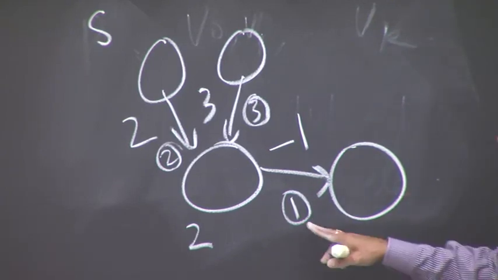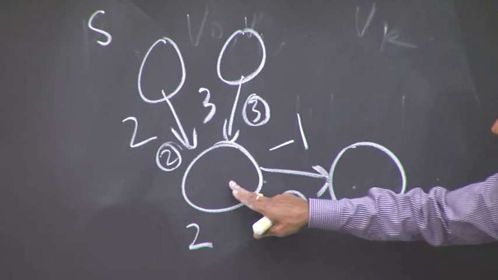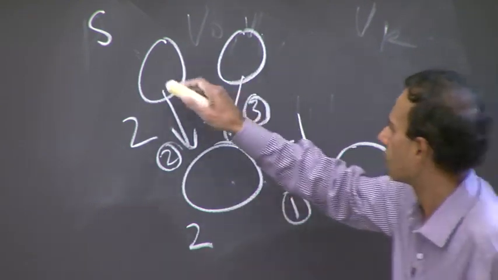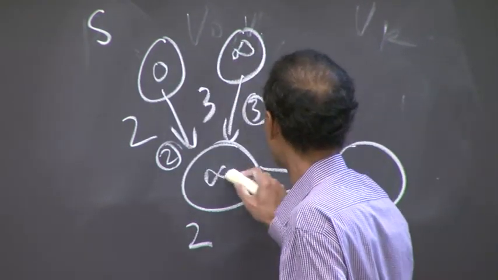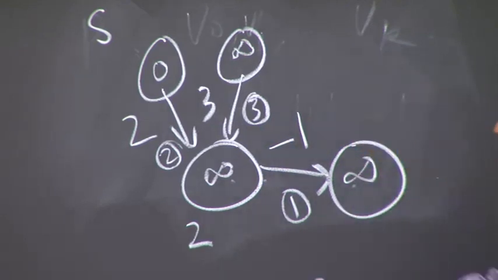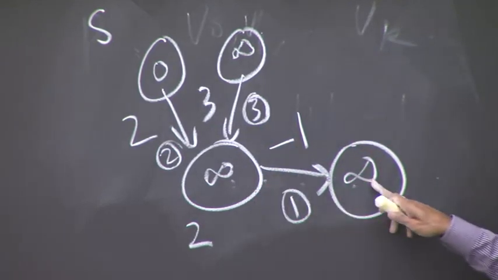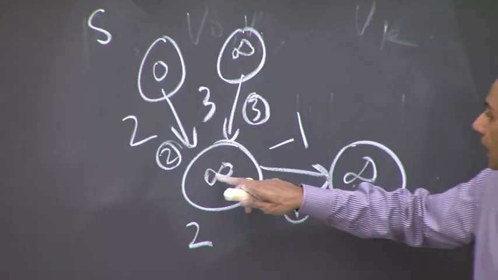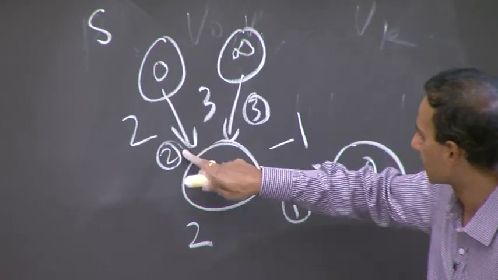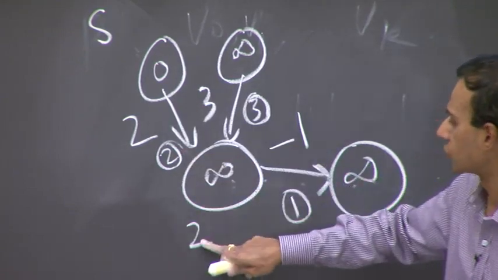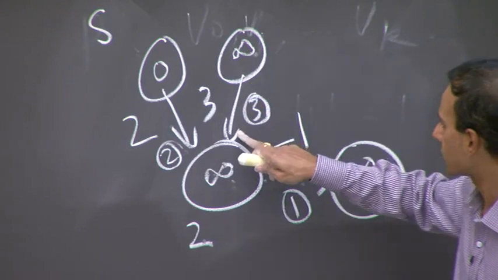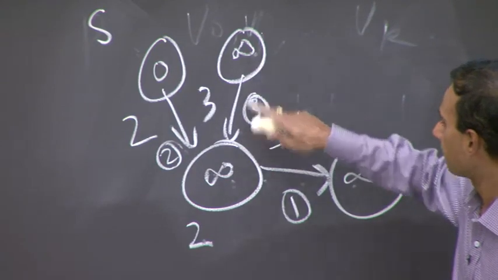The beauty of Bellman-Ford is that let's say you relax this edge. Initially, this is at 0, this is at infinity, this is at infinity, this is at infinity. Right? If you relax this edge, nothing happens. All right? Then you relax, let's say, this edge, because that's number 2. This gets set to 2. You relax this edge, because that's 3. And this is infinity, so nothing happens.